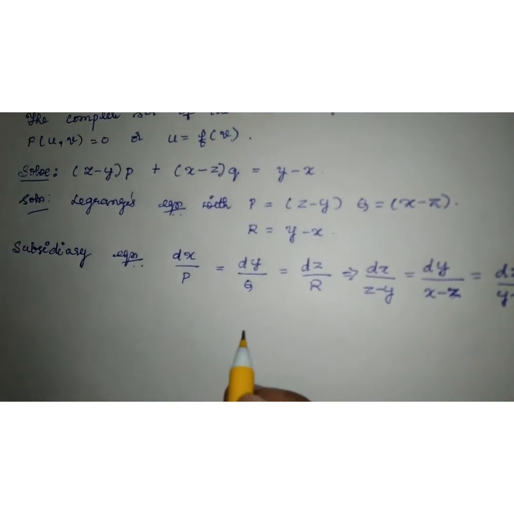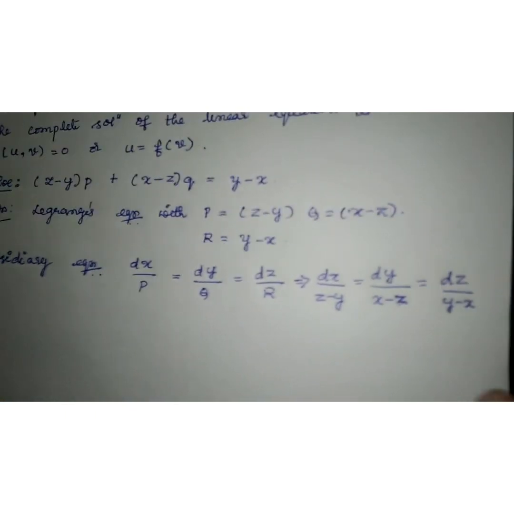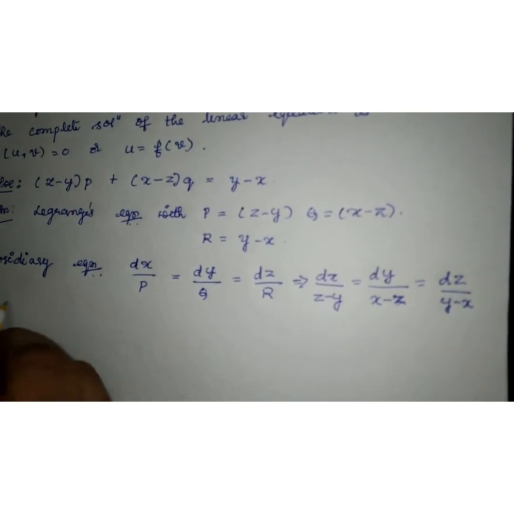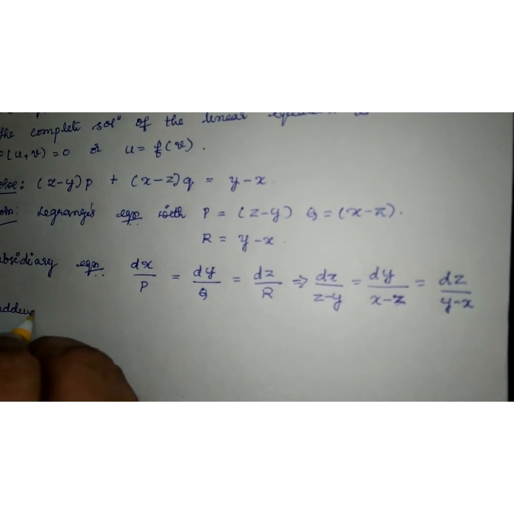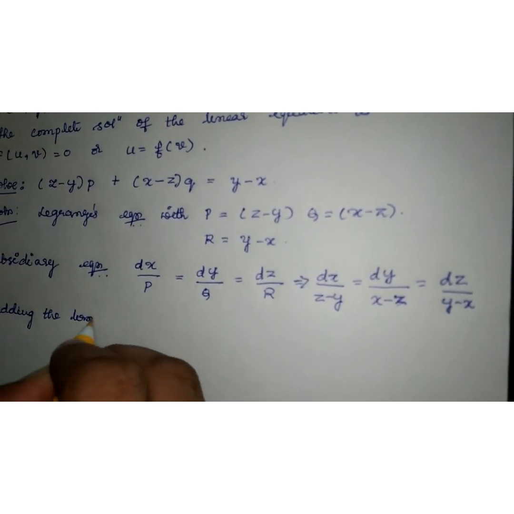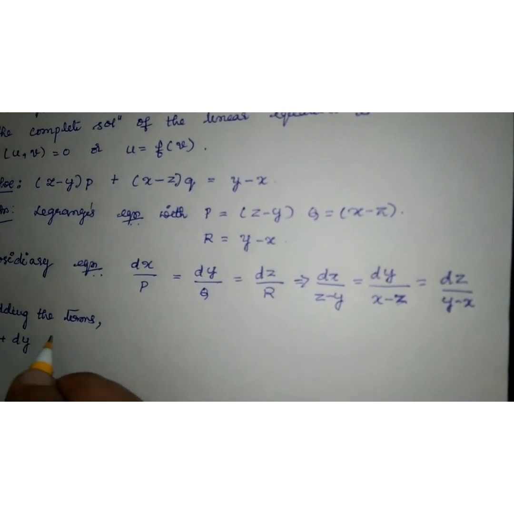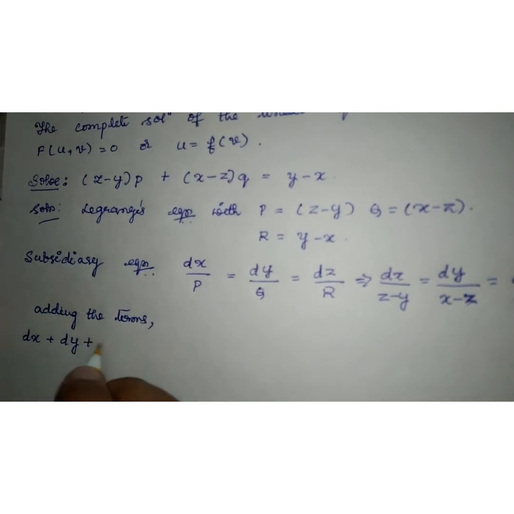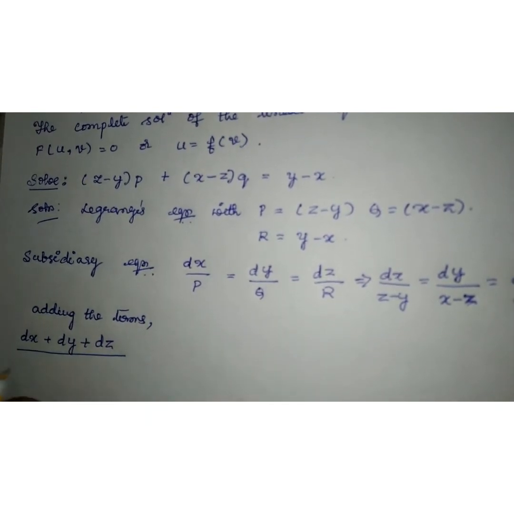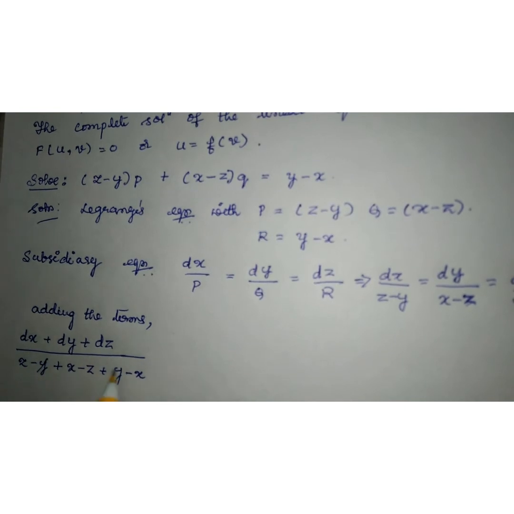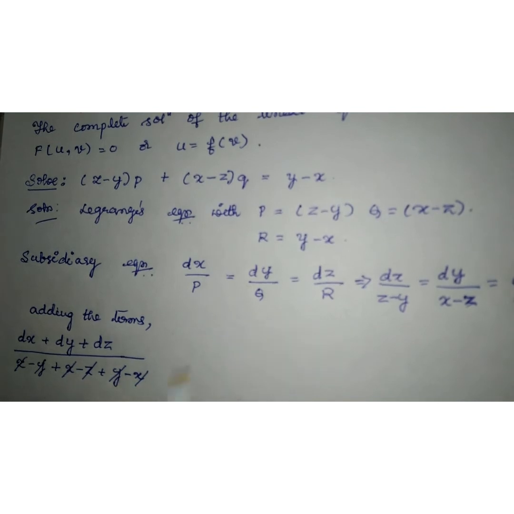In the first case, I'll just add all the three terms. Adding, you get dx plus dy plus dz divided by (z minus y) plus (x minus z) plus (y minus x). Clearly all the terms in the denominator cancel, so the denominator becomes 0.